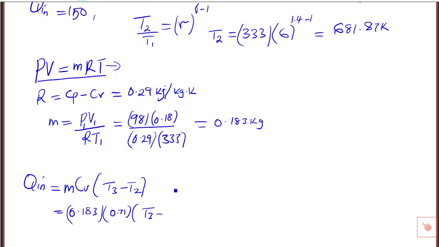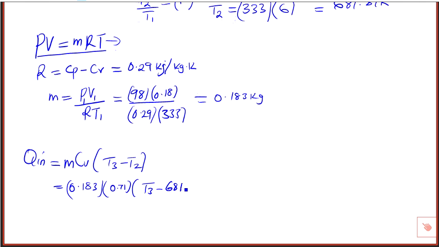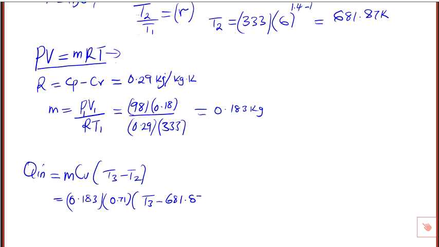We found T2 is 681.87 Kelvin, and since Q in was given as 150, remember from the question that 150 is the heat supplied, if you simplify, you'll find that T3 is going to give you a value like 1838.39 Kelvin.